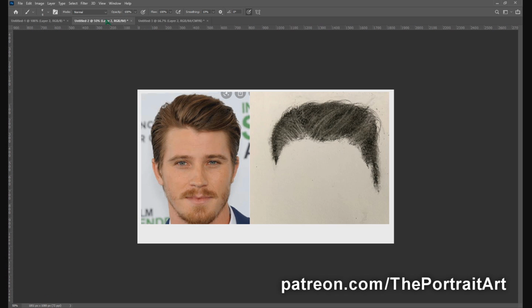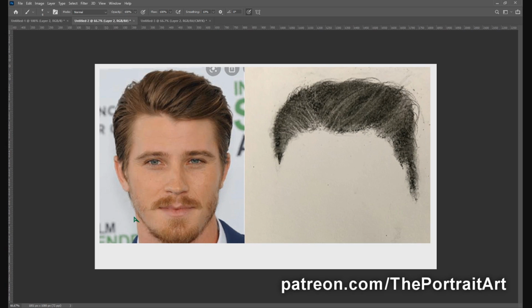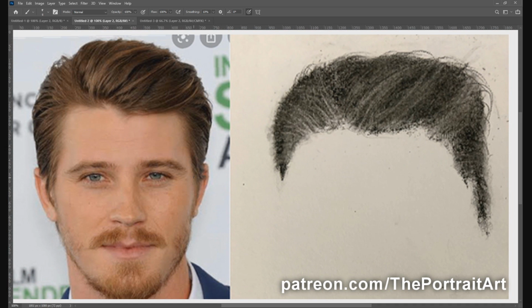Okay, next one. This person wants to practice how to draw hair. The issue I see with this one is not really regarding understanding. It's just that the person doesn't have the right tools.